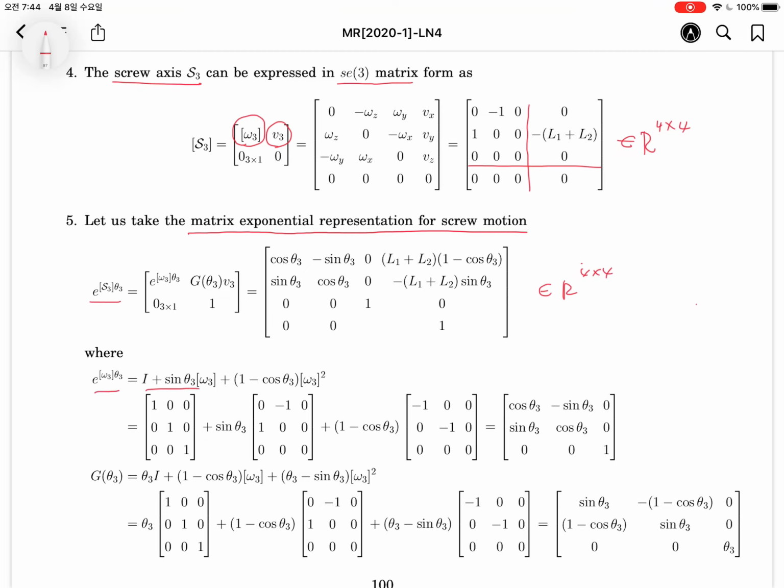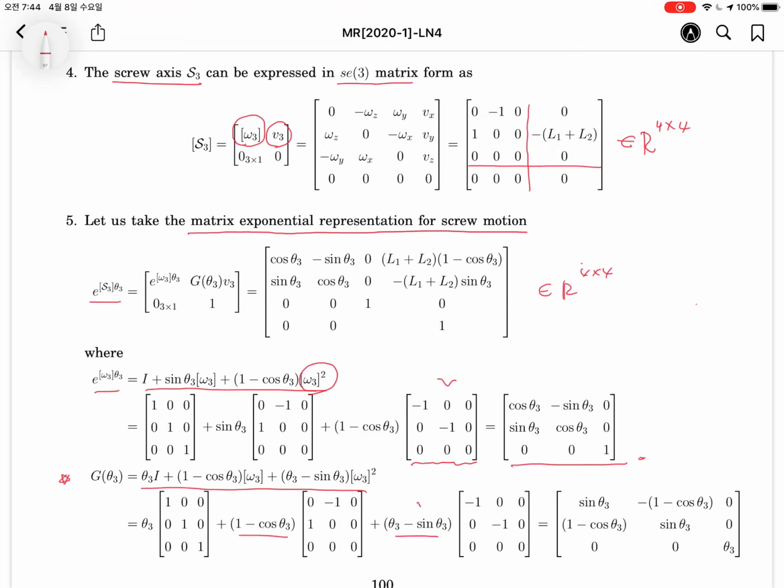According to the Rodrigues formula, we can get this equation. So omega 3 squared, the square of the omega 3 matrix, is this one. It's not difficult, just by multiplying the same matrix we can get this one. According to the Rodrigues formula, we can get this rotation matrix. In previous lectures, we have derived this G matrix.